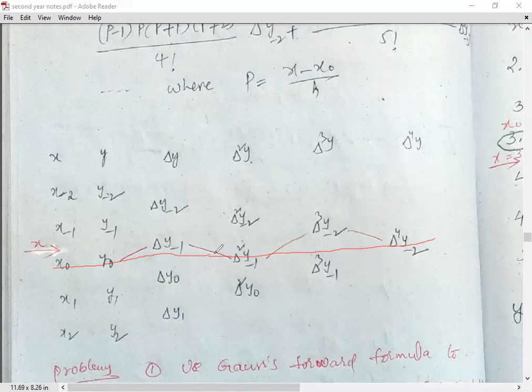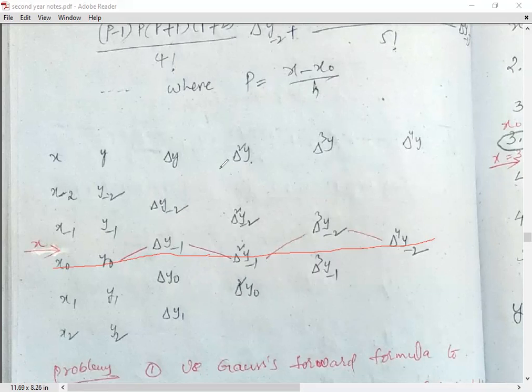Again, for them, the pattern is the suffixes are following -1, -2, -3, -4, etc. So we are taking the differences on the central line and above the central line, and the pattern is from y naught up down till the last difference. By taking the required forward differences from the table and evaluating p value, we can obtain y at any x.